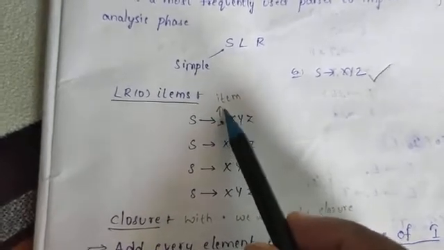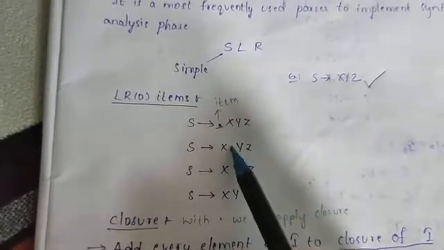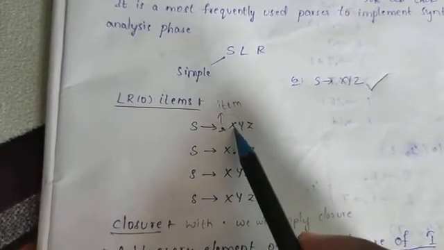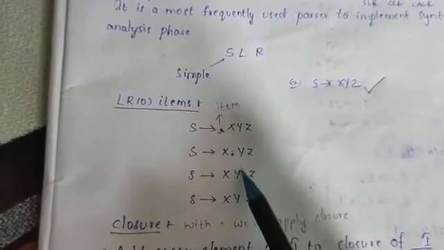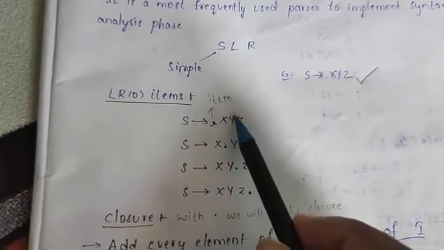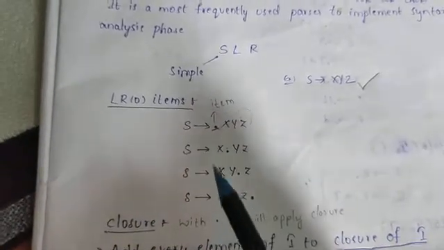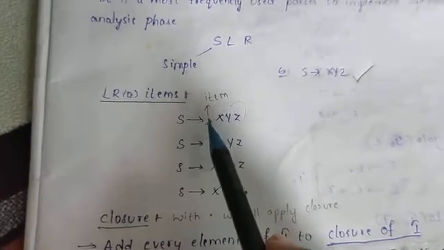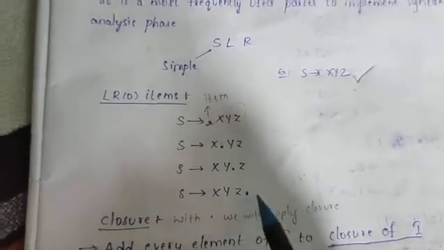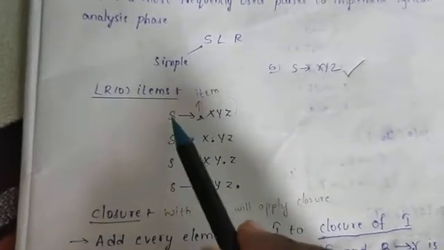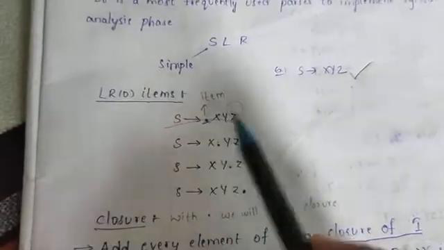After that, this dot moves past X and reaches here. Then the dot moves past Y, then it reaches here. Then the dot moves past Z, then it reaches here. When the dot moves from the starting of a grammar to the ending, the whole grammar production is completed.